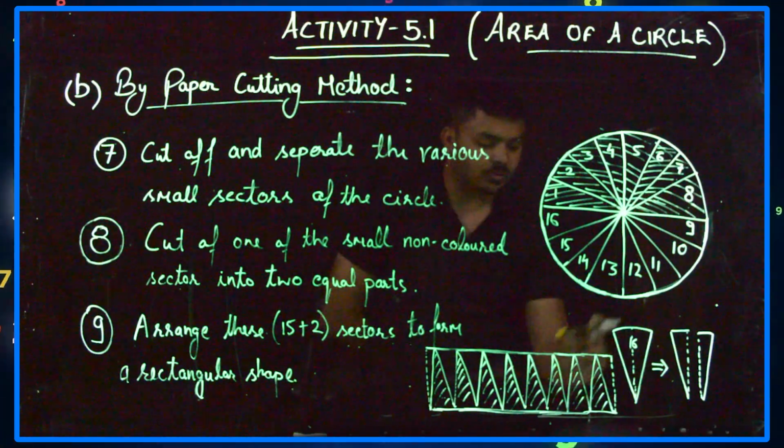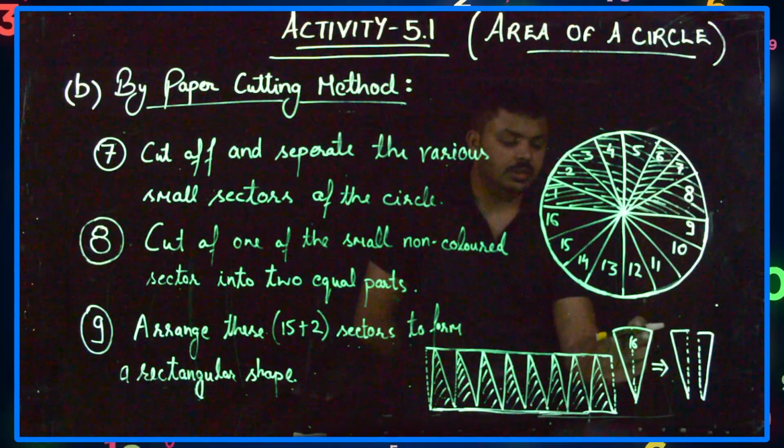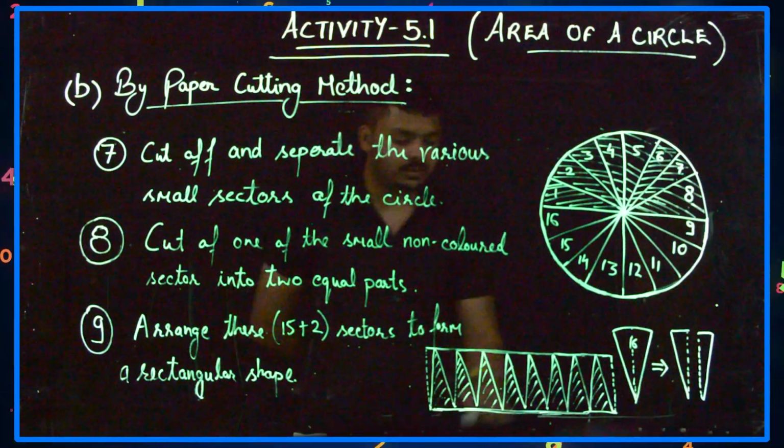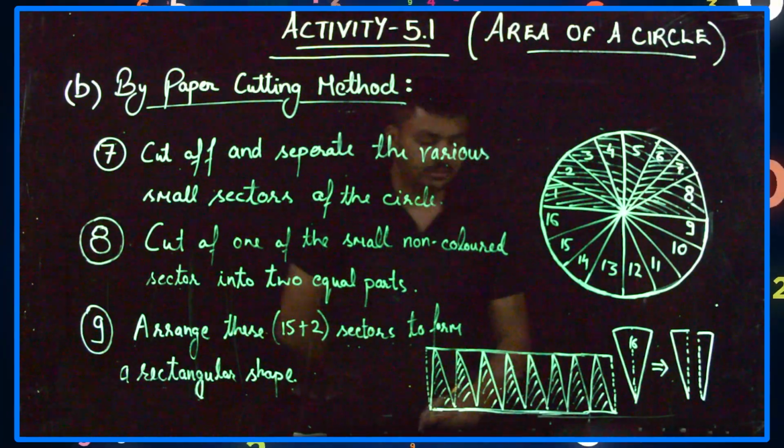That is, for this reason we have converted one non-colored sector into 2 equal halves so that we can place them at the ends and form a rectangular shape.